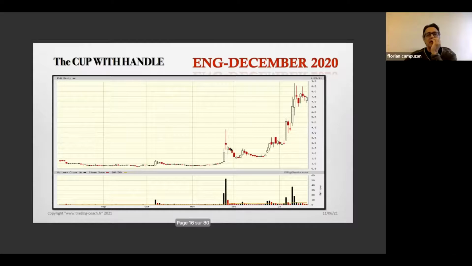But it fell, and resumed its trend, and people who bought here were eager to break even. They exited just to feel the good feeling of not taking a big loss. So they exit.